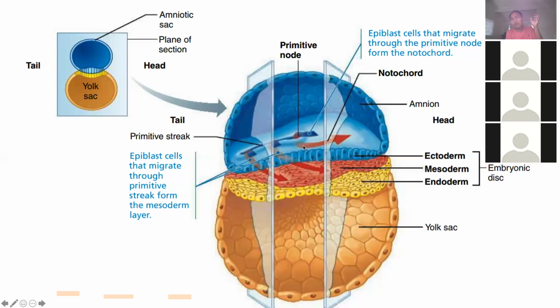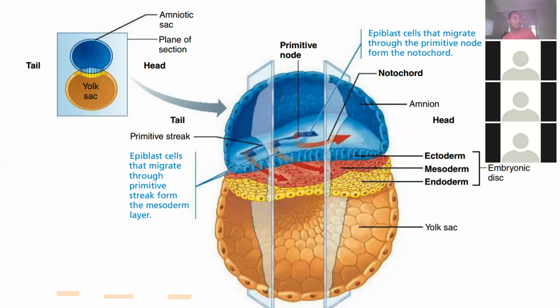The name changed from epiblast into ectoderm. These ectodermal cells are the driving force, creating other cells as a notochord and developing towards the head end. That is going to become the brain and spinal cord and everything. So this ectoderm also will become the brain, spinal cord, and neurological structures.